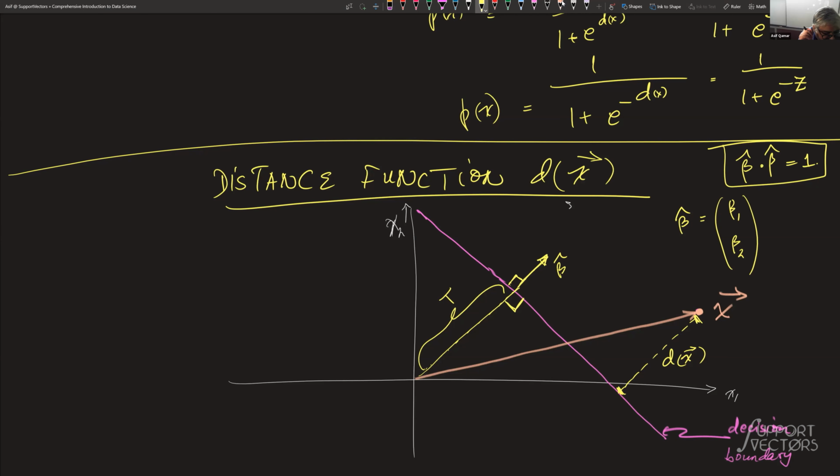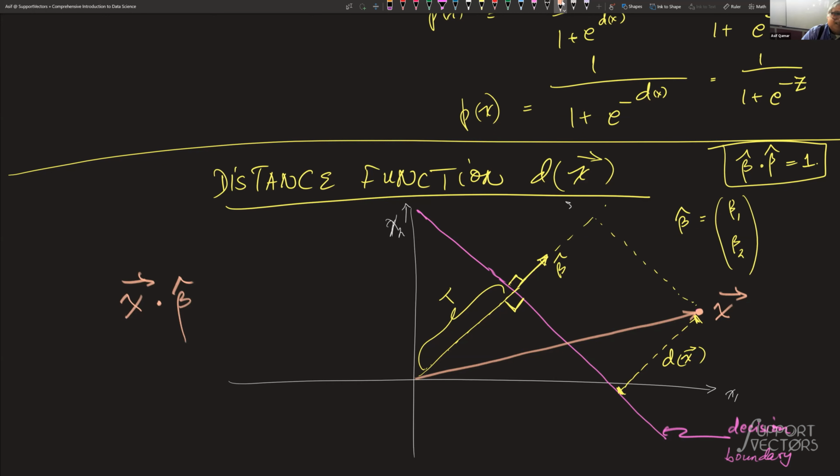So now look at this vector, and observe that if I just extend this line and finish this curve, tell me one thing. What is the dot product? Let's ponder over this fact for a bit. What is the dot product of x with the beta unit vector?